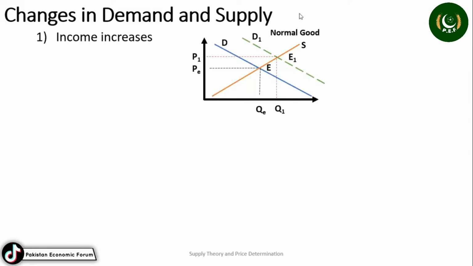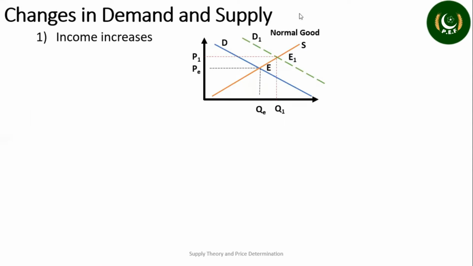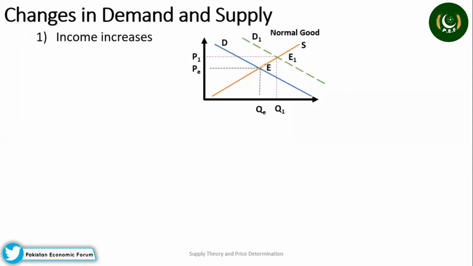If the price level stays at PE, there will be a gap in quantity demanded and quantity supplied. This gap will eventually result in causing the prices to increase.